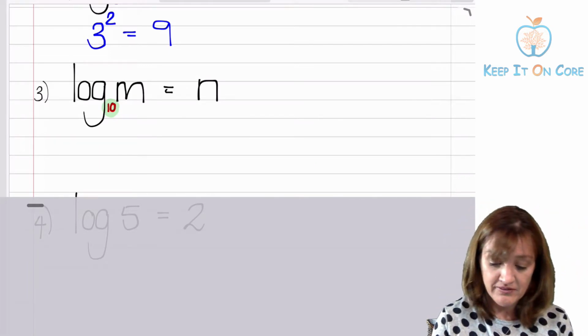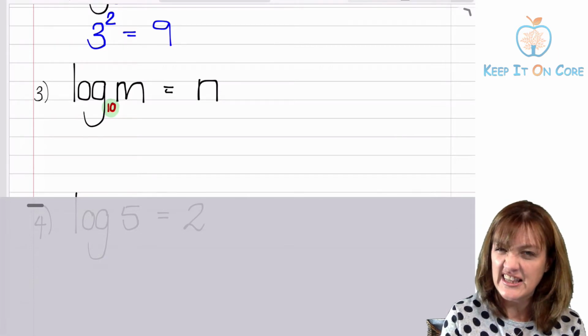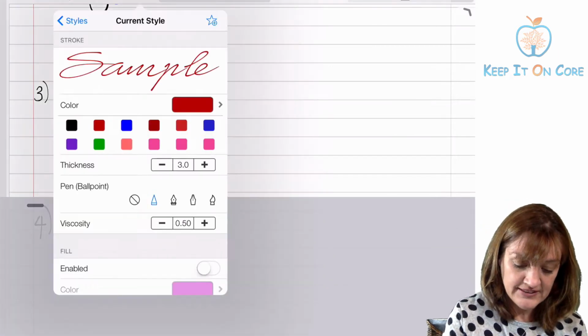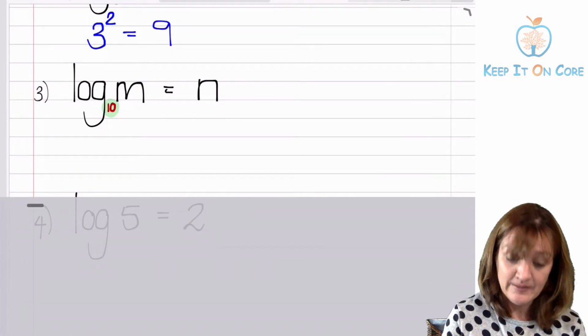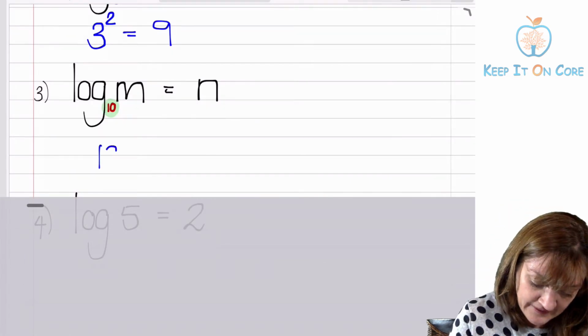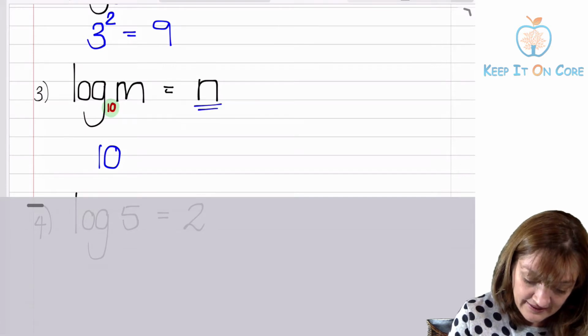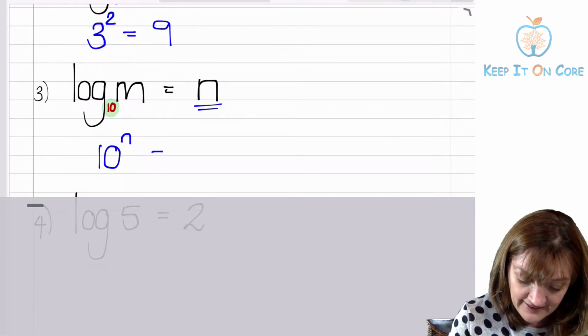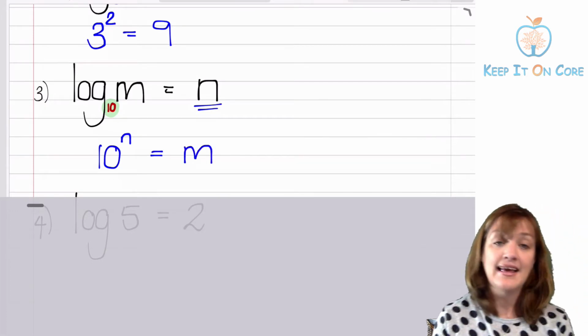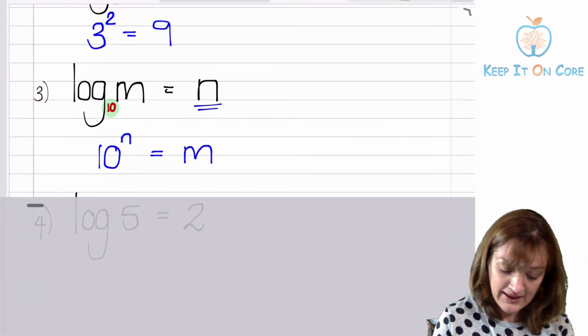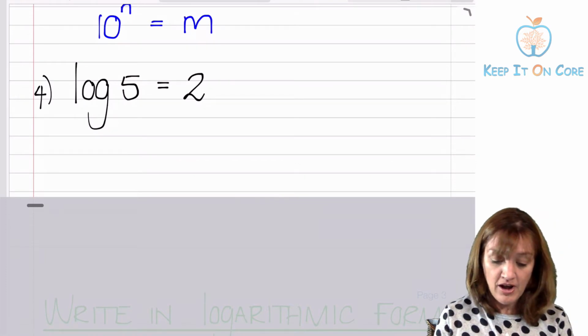So just be aware of that. If you don't see it, it is actually there. It's just that obviously it's base 10. So what would this be in exponential form? The base is 10, the exponent is n, and 10 to the power of n is giving us that m value there.